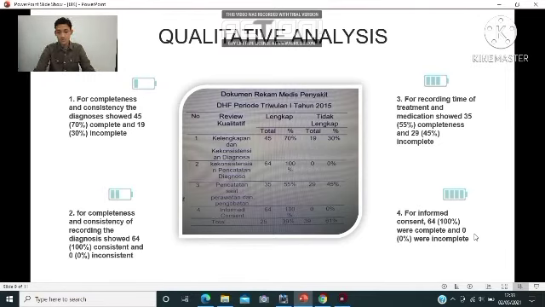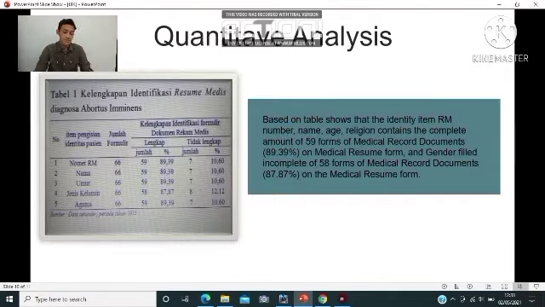Next, quantitative analysis. Here, as you can see, we identify a recent medical diagnosis, abortus imminens.